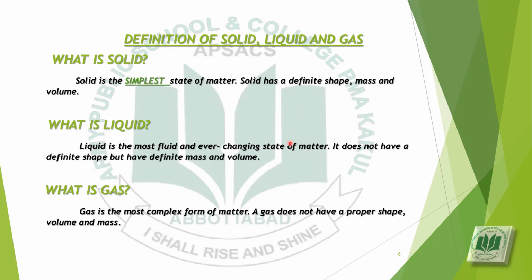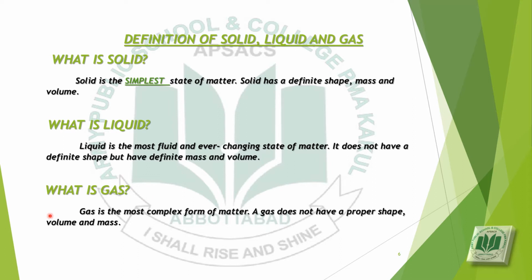Students, here we can observe the basic change between these two definitions of solid and liquid. In solid, we can say that it has a definite shape, mass, and volume. But in liquid, it does not have a definite shape. So it is the basic difference between solid and liquid state.